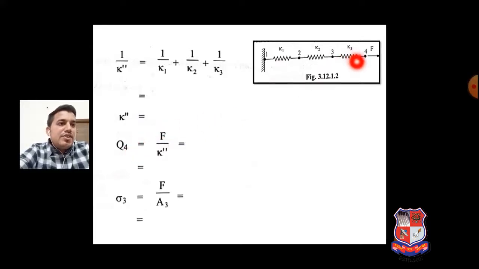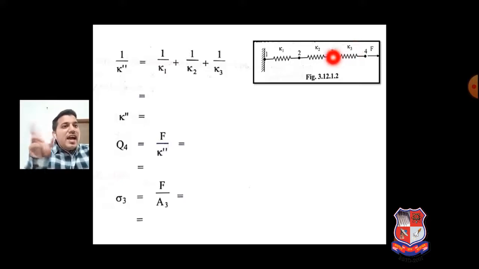When we are taking q4, we have to combine k1, k2 and k3, all three stiffness matrices. So here the global stiffness matrix changes as per the different nodes, and we have to combine it. If we are taking the first element, then only one stiffness is required.